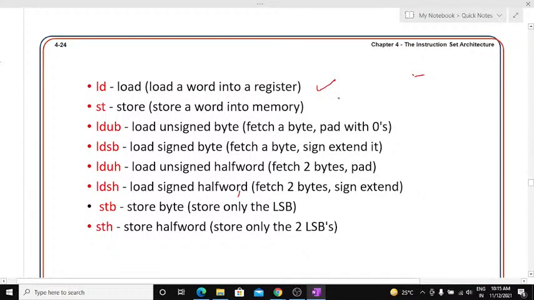This is load a word into the register, store a word into memory. There are some other instructions. LDUB: LD means load.